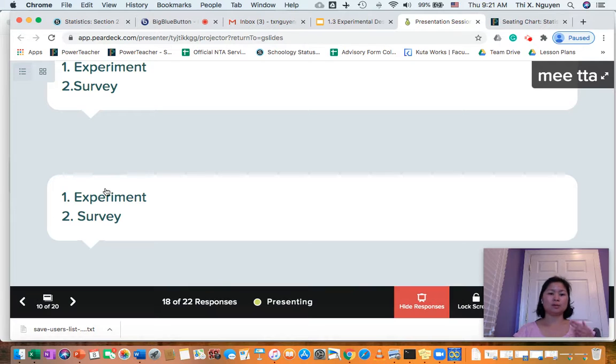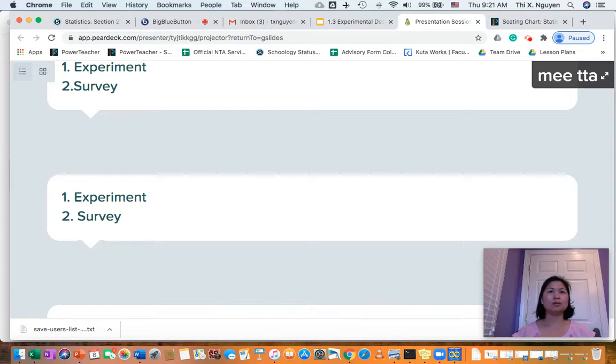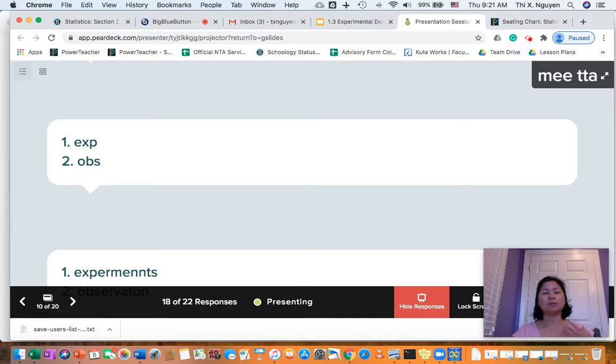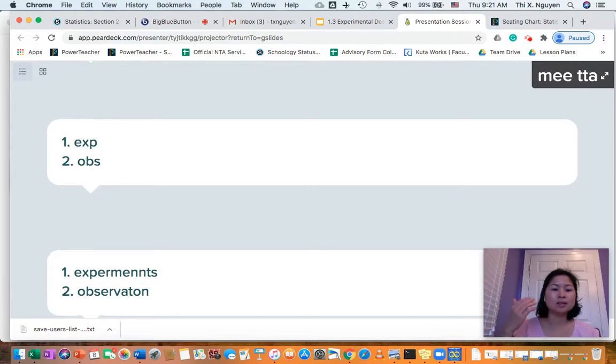So survey is more correct because you receive an email or a letter asking how you do. I still receive an email from Loyola. I attended Loyola for my college. I still receive email or mail from them asking how I do, also donation for the school. So those are the things.